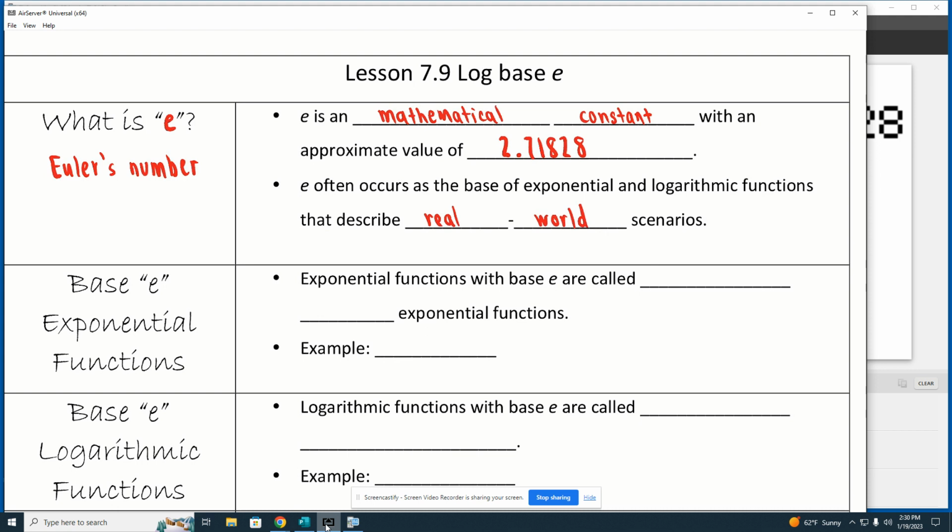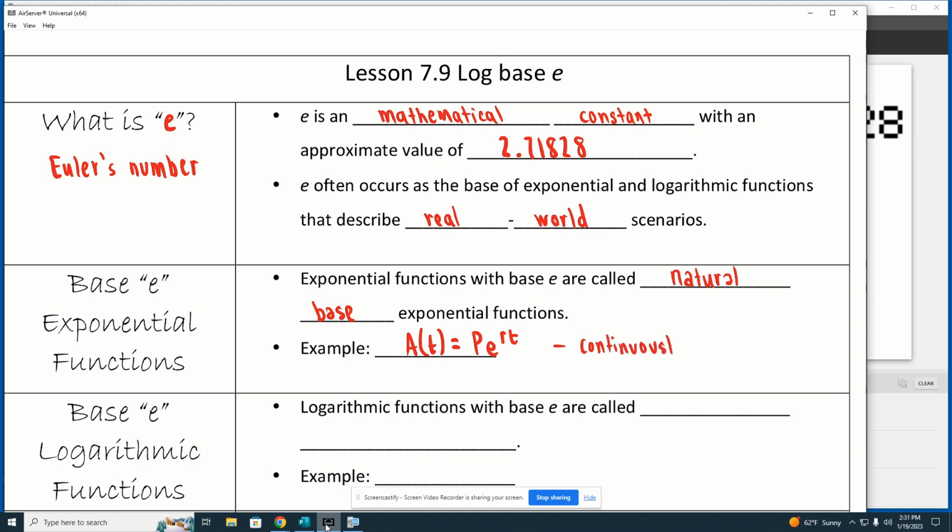Exponential functions that have base E are called natural base exponential functions. For example, we have this one right here: P e to the rt. This is called continuously compounded.